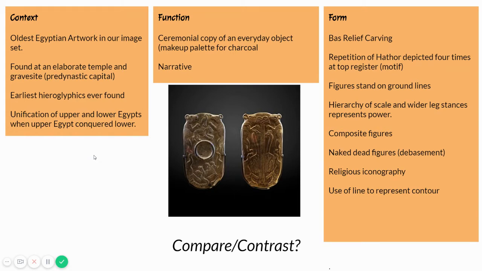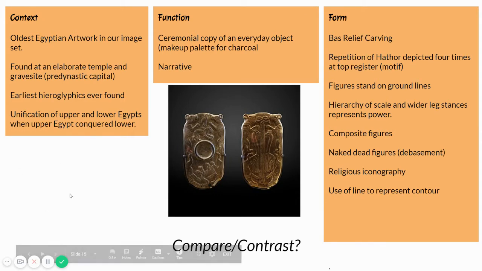So typically a palette was what I stated earlier, where you would pulverize powder and mix it with a binder to create a pigment. Specifically in Egypt, these palettes were made for cosmetics.